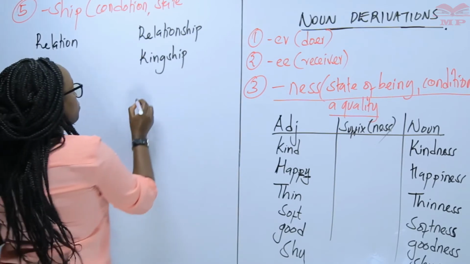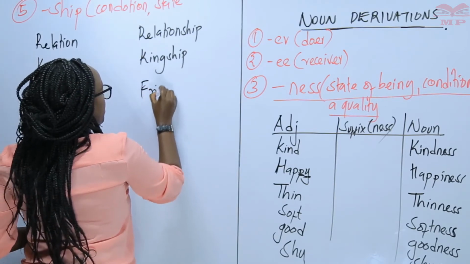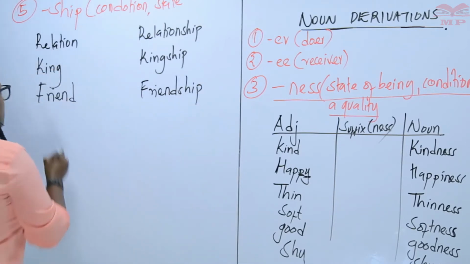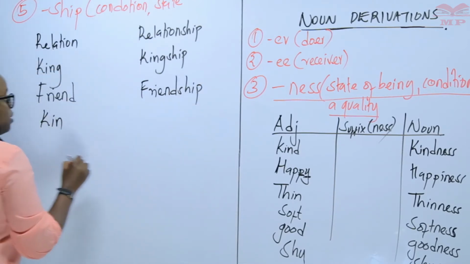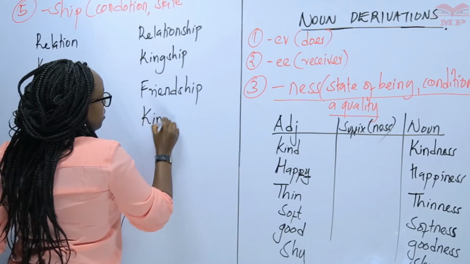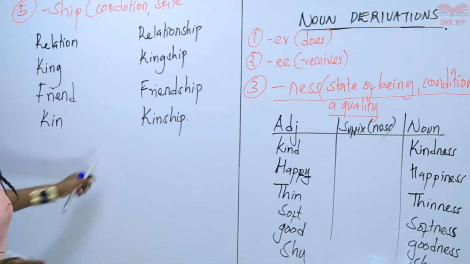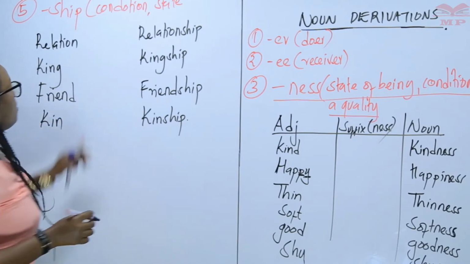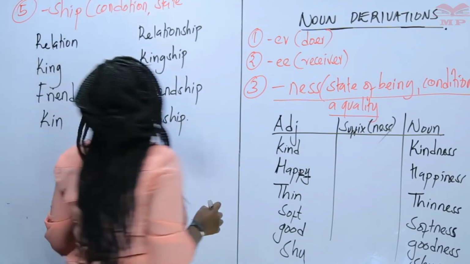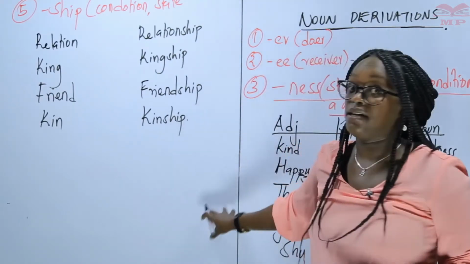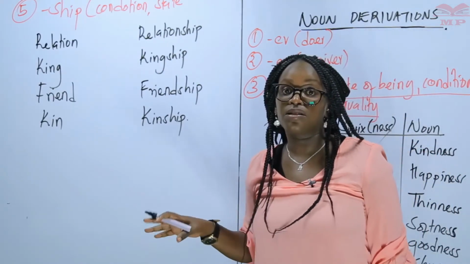We add ship to this one, and we end up with the word friendship. We could also have the word kin, and we end up with kinship. So just do a lot of research or look for as many examples as possible for you to be able to understand how these suffixes work.